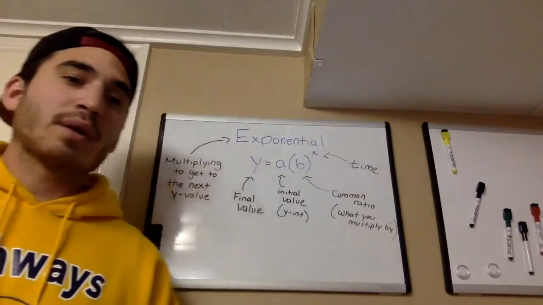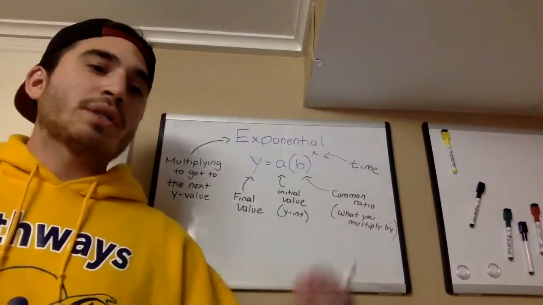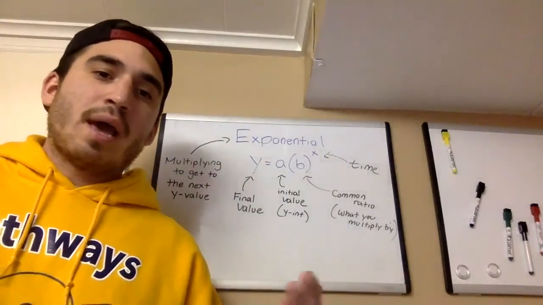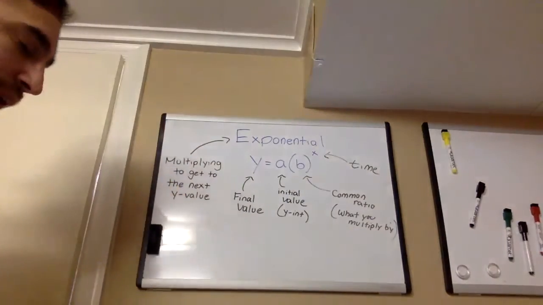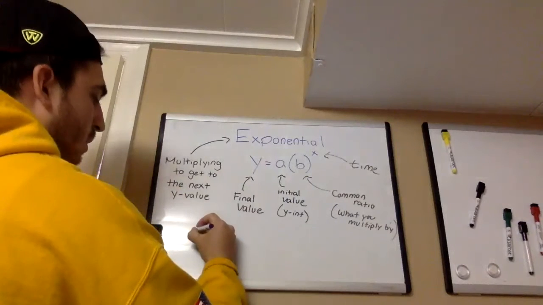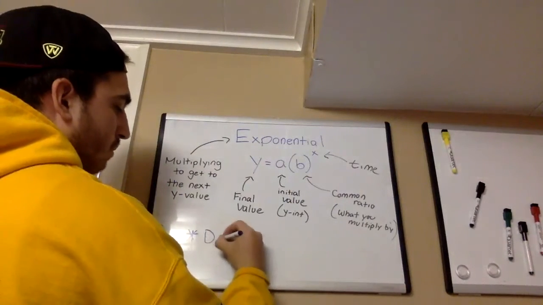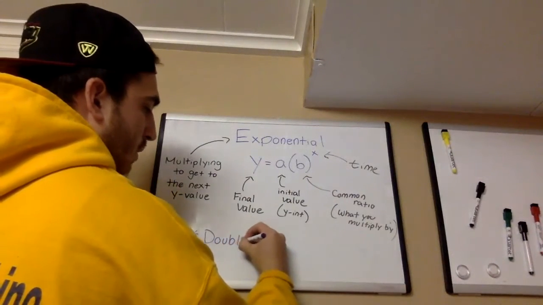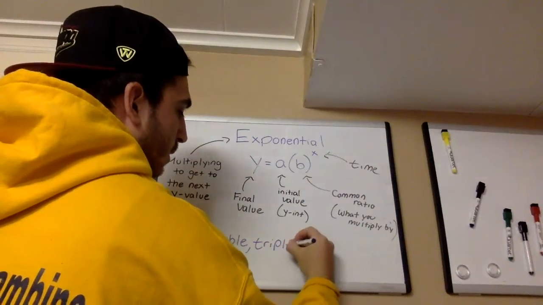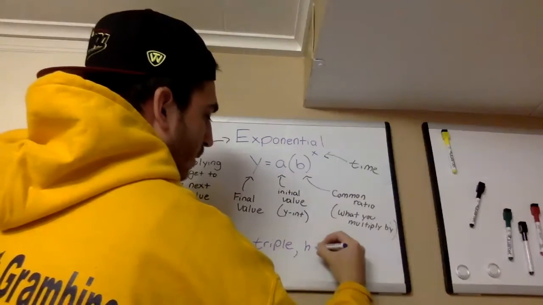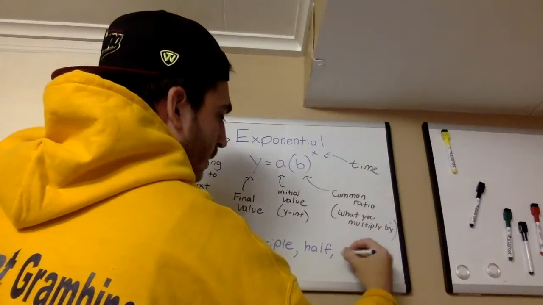Something else that's going to be in your homework is going to ask you which scenario represents an exponential function. So some key words that you are going to look out for are double, triple, half, decay.